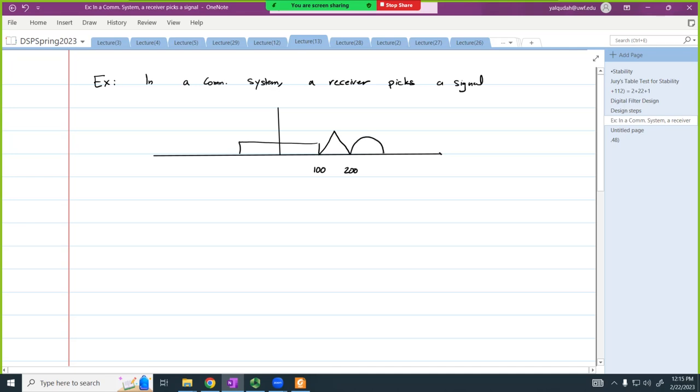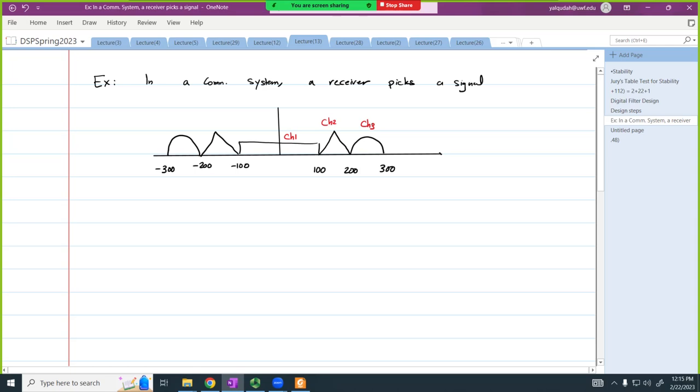Then I have a third signal from 200 to 300. And this is negative 300. We're going to call this channel 1, channel 2, and channel 3.